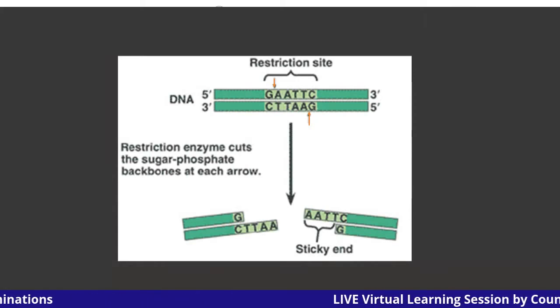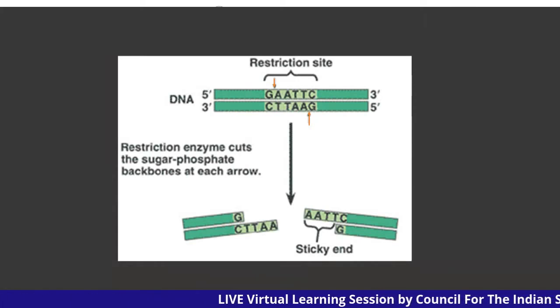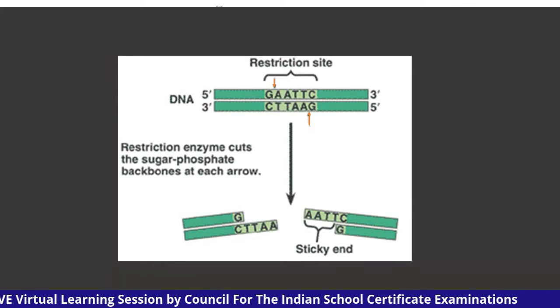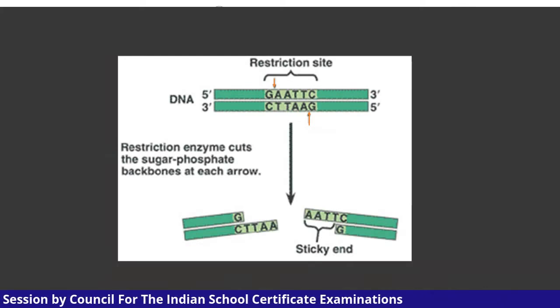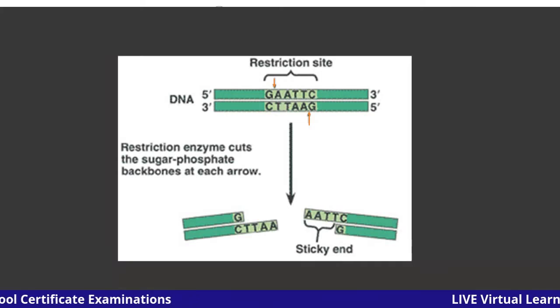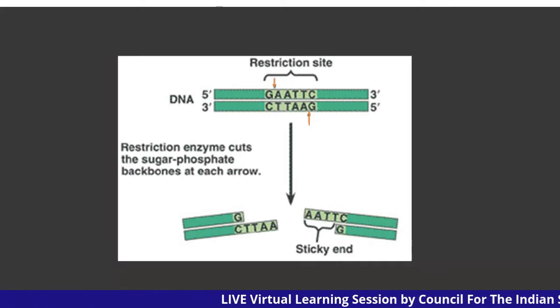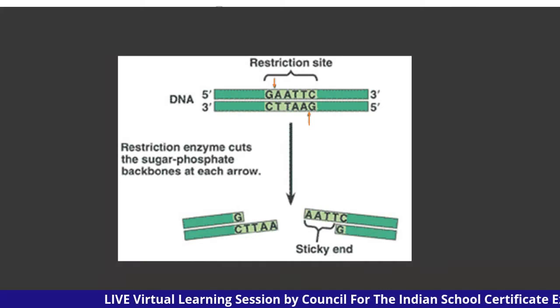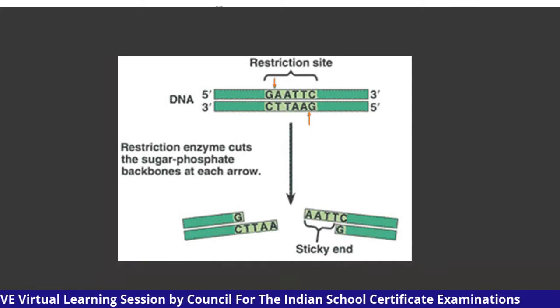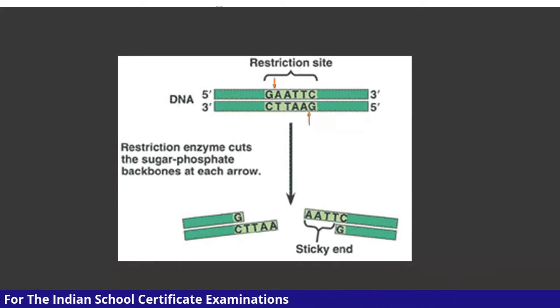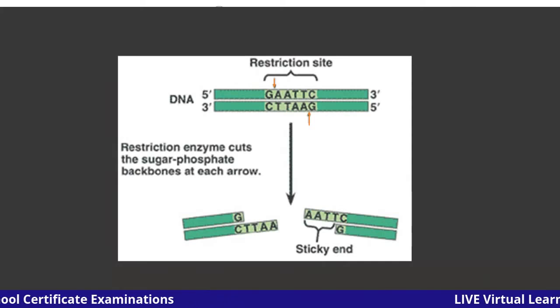We call these two the sticky ends. Sticky ends have the unique property that if they get the complementary sequence from any source, in any DNA, then they will immediately hybridize, form complementary bonds, hydrogen bonds, and these hydrogen bonds will again cause formation of a double-stranded DNA. So that is how it acts.